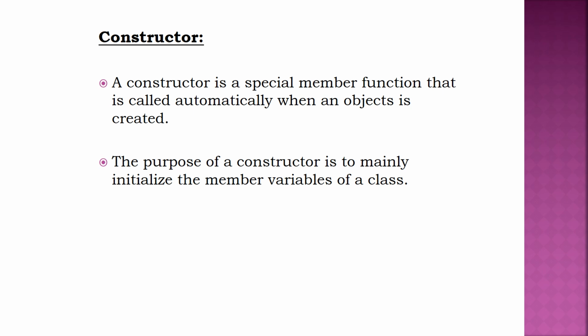The first difference is that the constructor does not have any return value, but a member function has a return type. The second difference is that the constructor is automatically called when we create an object of a class, but a member function needs to be called explicitly using an object of the class.